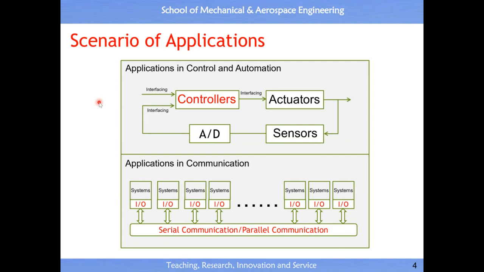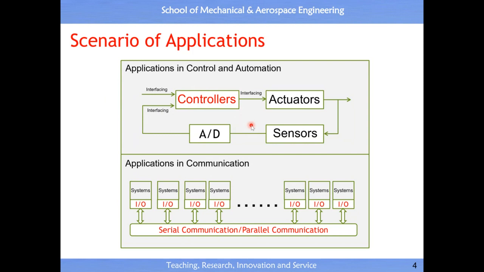Then in this case, inside your application, there must be a closed loop control system, and inside the closed loop control system there must be a module called a controller. Okay, so this is one scenario of application or motivation for you to study this course.